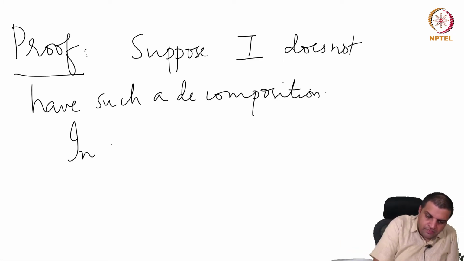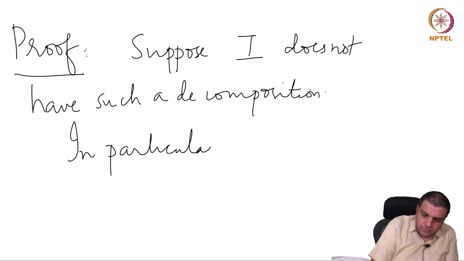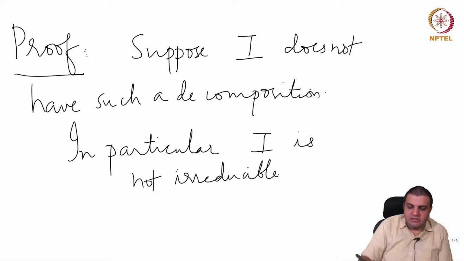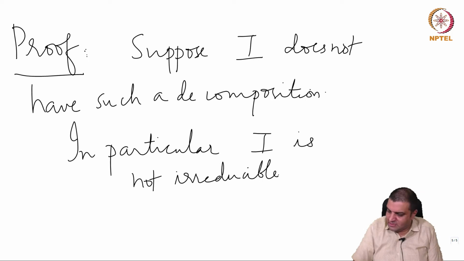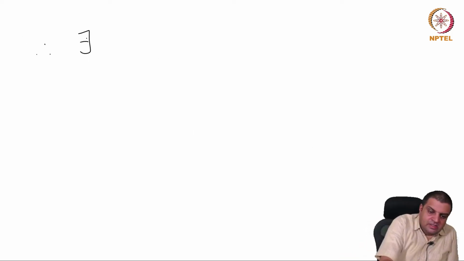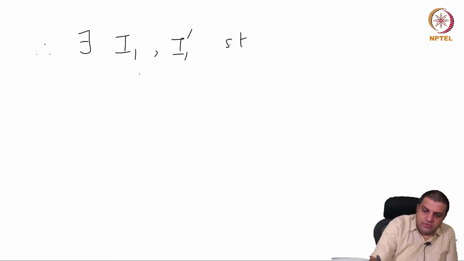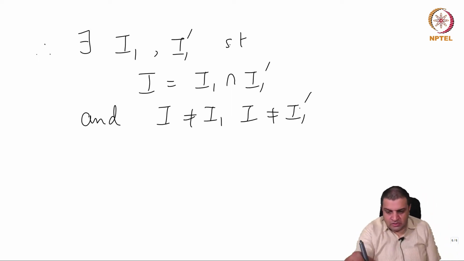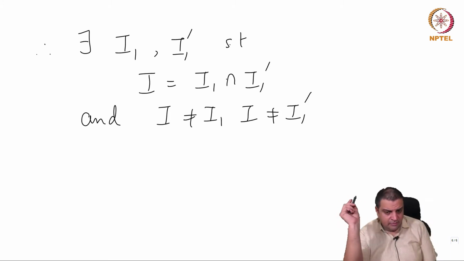In particular, I is not irreducible, because irreducible ideals themselves can be written as just I equals I, so that would satisfy it. Therefore, there exists some I1 and some I1 prime such that I is I1 intersect I1 prime, and I is not equal to I1, I is not equal to I1 prime. So these are strictly bigger ideals which contain I, but their intersection is I.